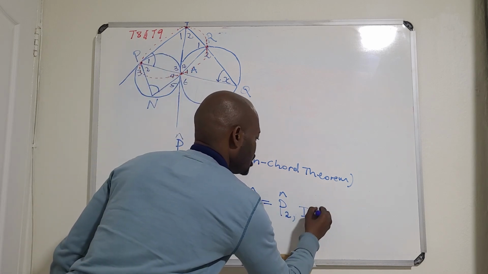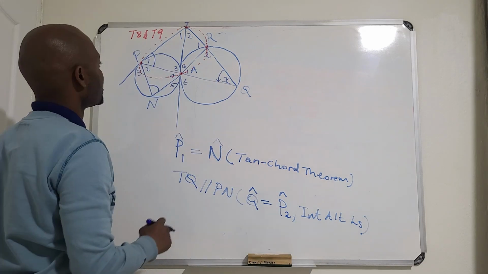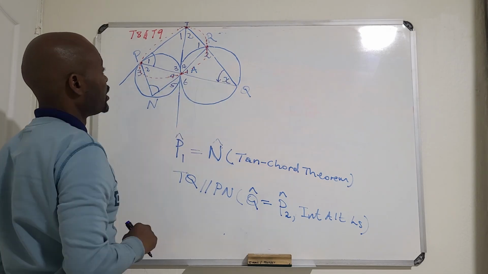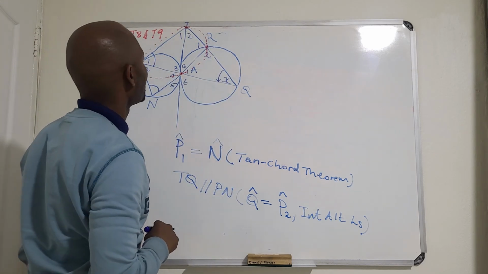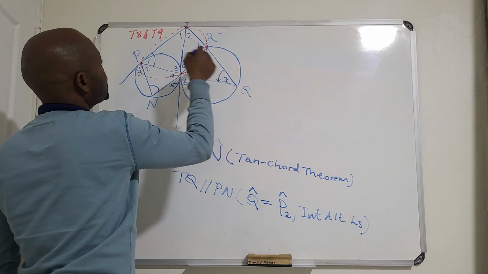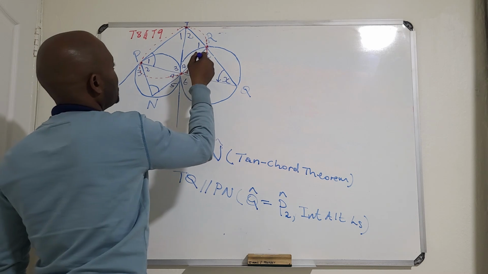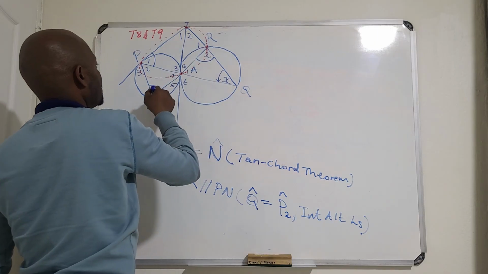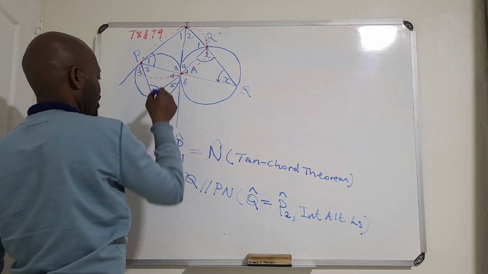These are alternate interior angles. Therefore, this is x there and this is x there. Now, since these two sides are parallel, then R2 is equal to angle N, because this is an N shape. There's your N shape. This angle is equal to this angle there.